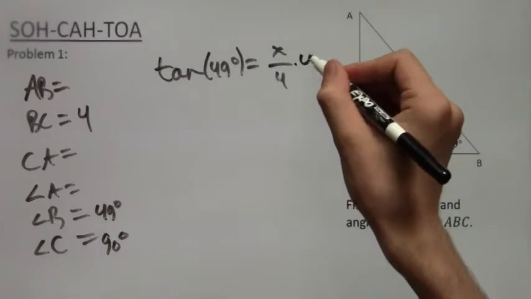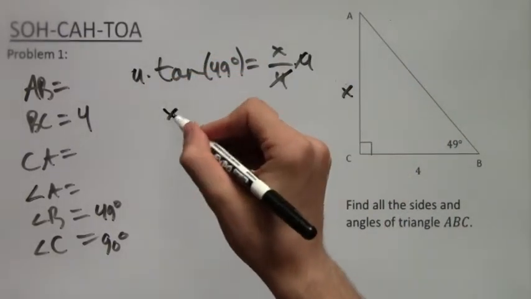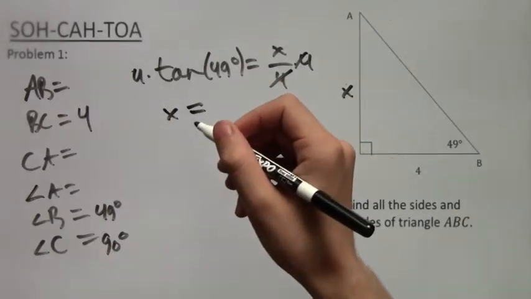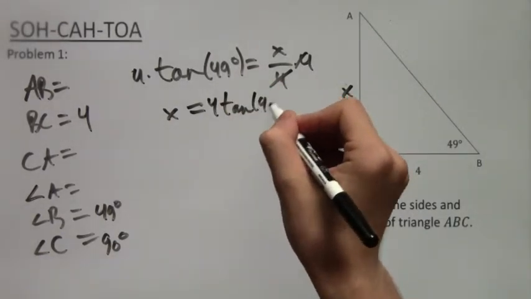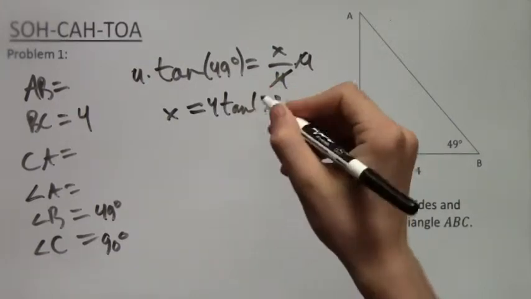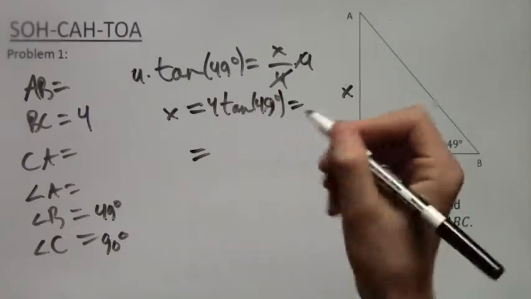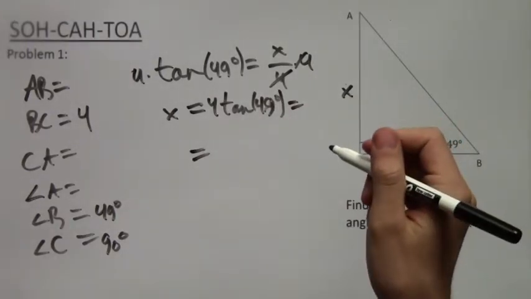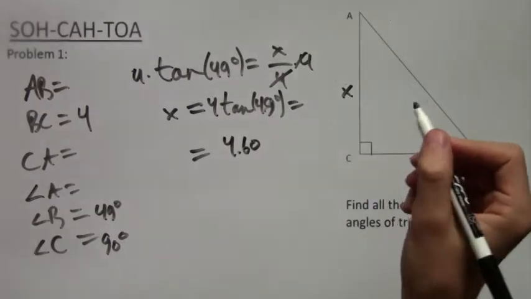Multiply by 4 on both sides. We get x equals 4 tangent of 49 degrees. And remember, your calculator has to be in degree mode for this to work, but you can just plug it in and you get 4.60.